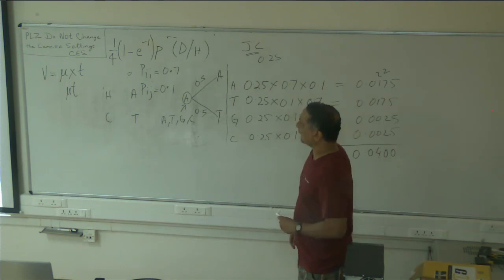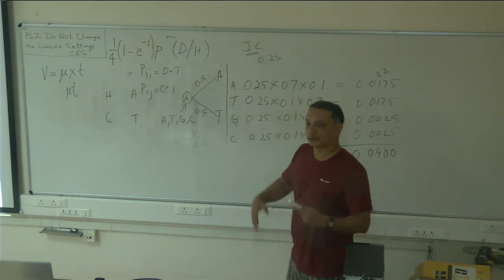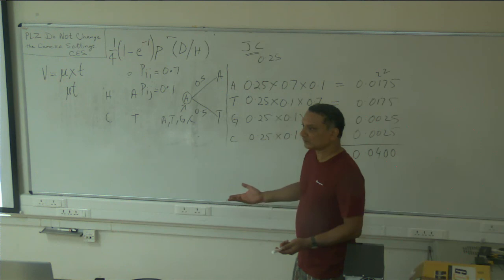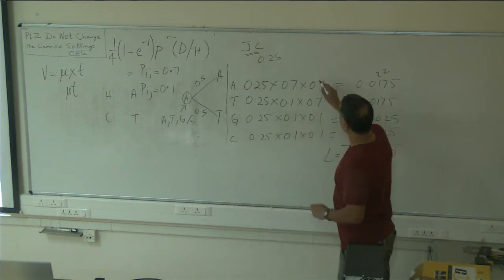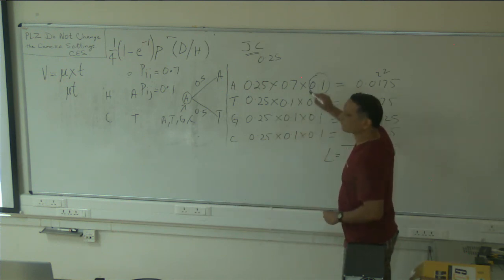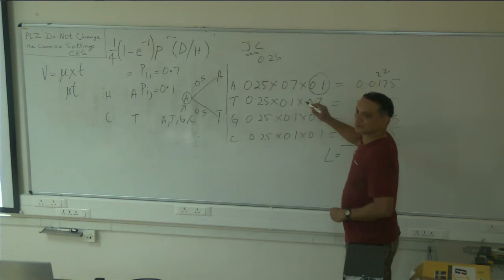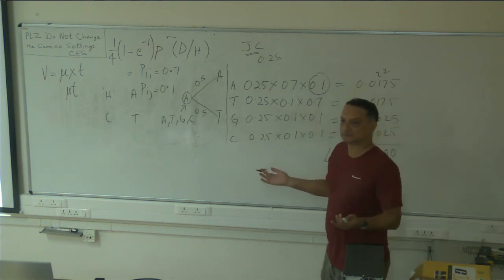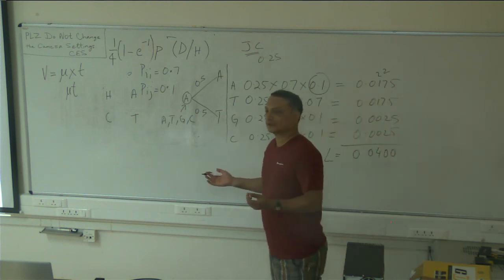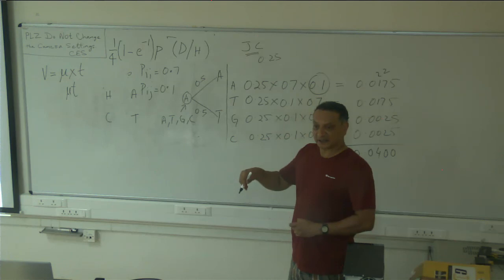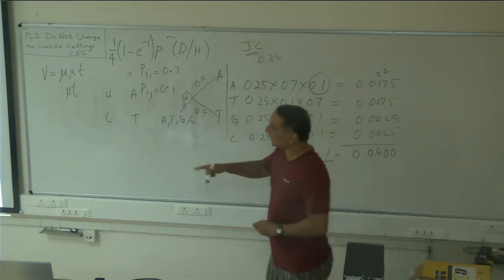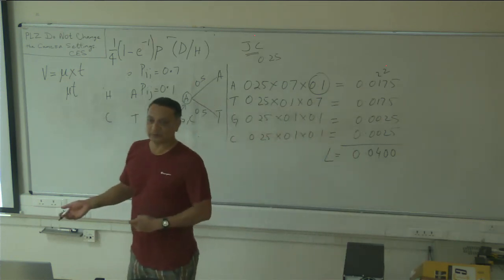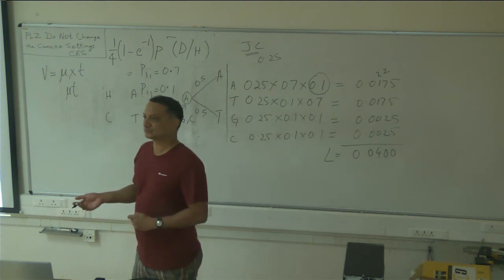And in case of the Kimura 2 parameter model, this value will change, depending on whether it's transition or transversion. Here, whether it's transition or transversion, it's 0.1. And in case of GTR, every change will have a different probability.